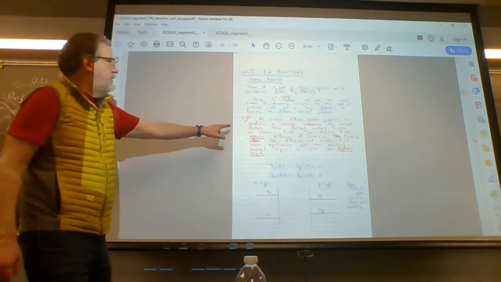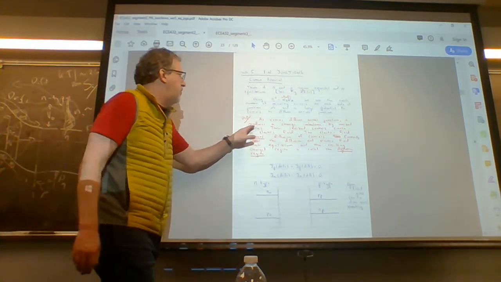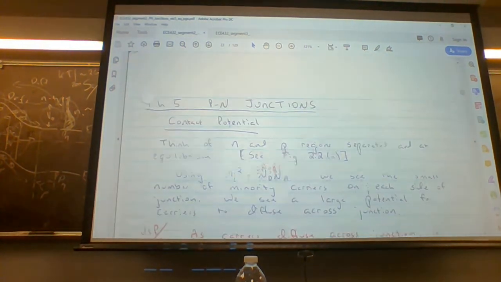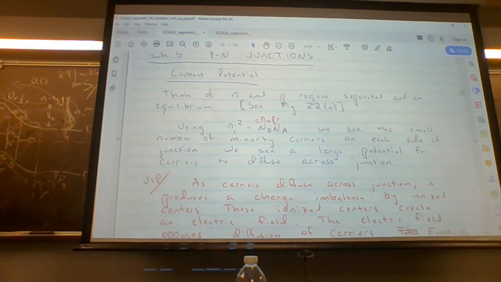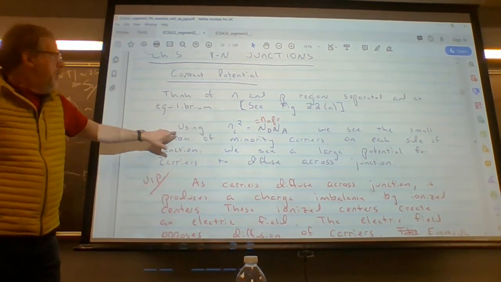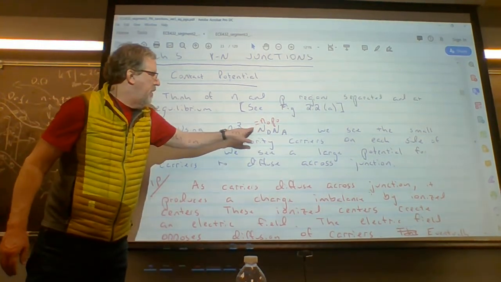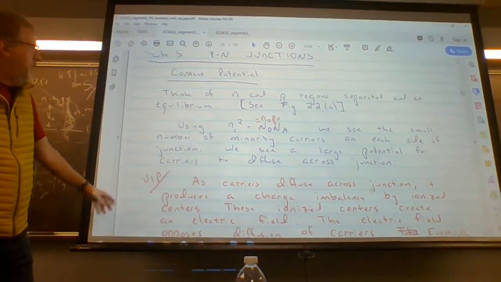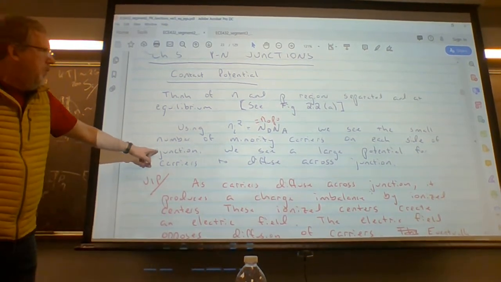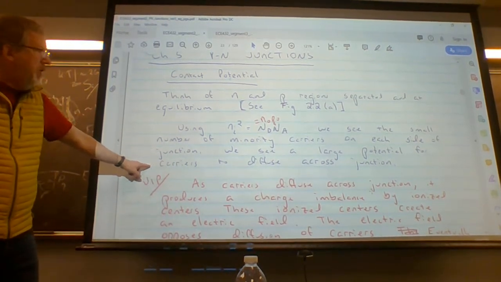So as the carriers diffuse across the junction, it produces, let me magnify that. All right, so I started off with, think of the N and P regions being separated using the carrier statistics here. We see a small number of minority carriers on each side of the junction. We see a large potential for carriers to diffuse.